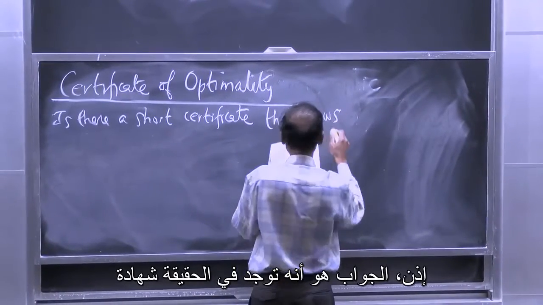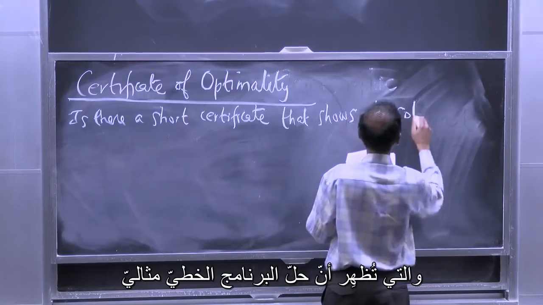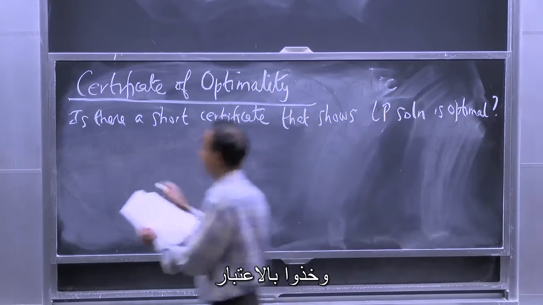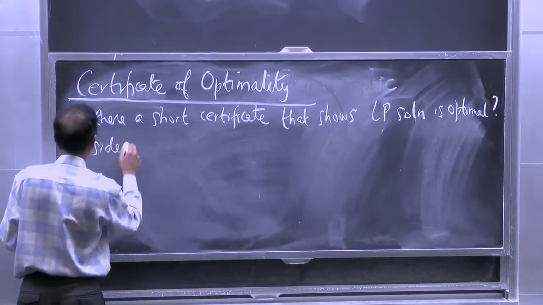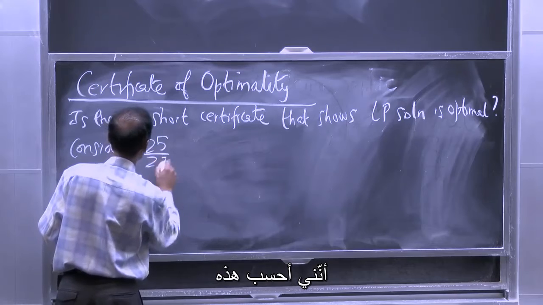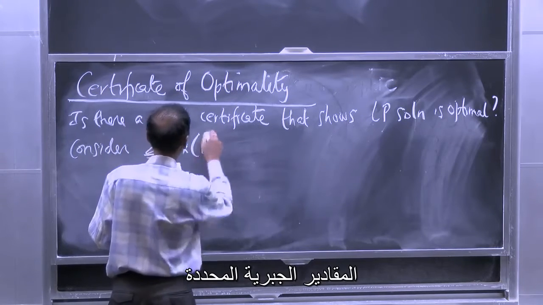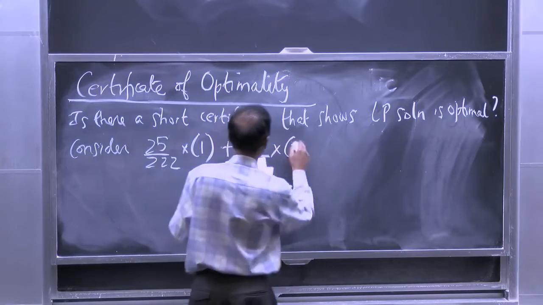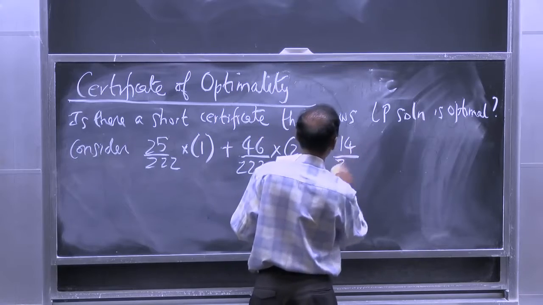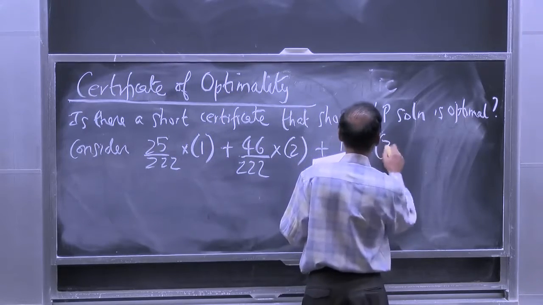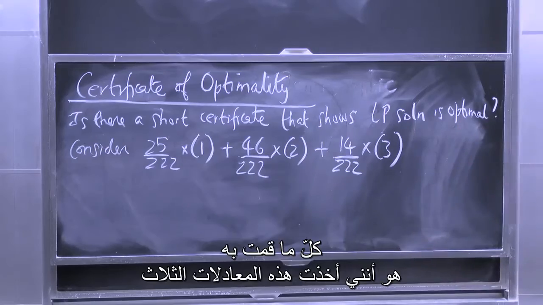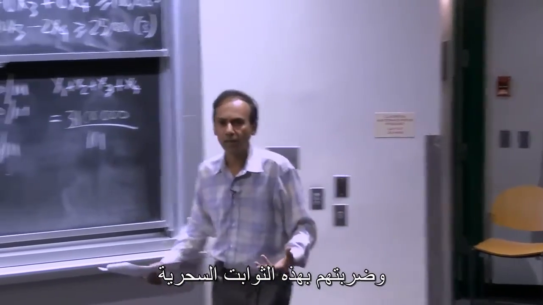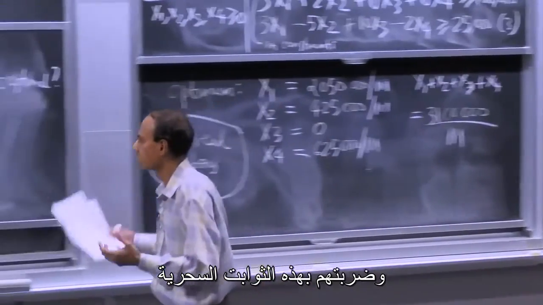The answer is, in fact, there is a certificate that shows that the LP solution is optimal. Consider that I compute this particular algebraic quantity, where all I've done is I've taken these three equations and I've multiplied them by these magical constants.